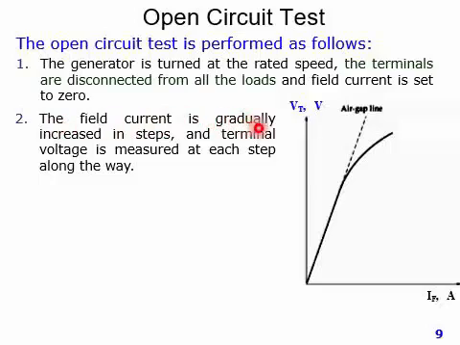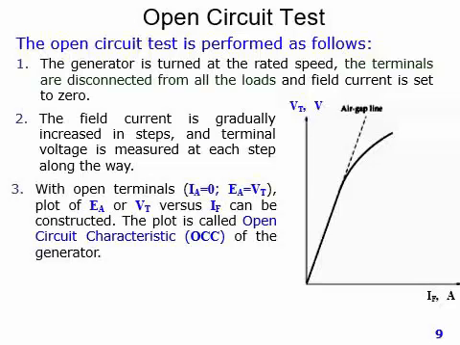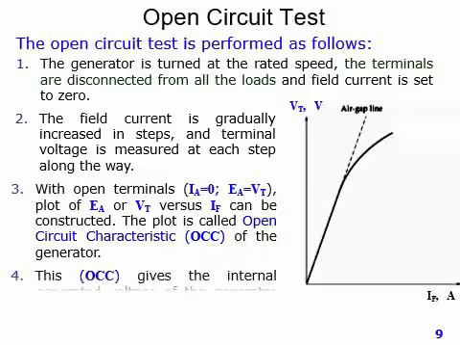The field current is gradually increased in steps and the terminal voltage is measured at each step along the way. With open terminals, a plot of E or Vt versus If can be constructed. As you can see in this diagram, the plot is called OCC or open circuit characteristic of the generator.